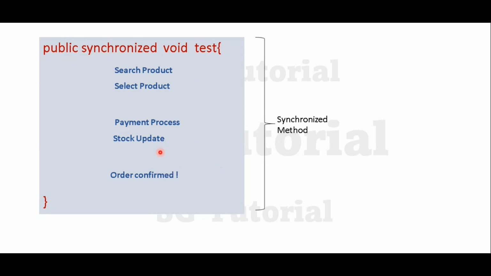That means the entire code inside a synchronized method gets locked. Even some parts of code that don't need a lock, such as searching for the product or selecting the product, get locked. All the threads should be allowed to access that code simultaneously.